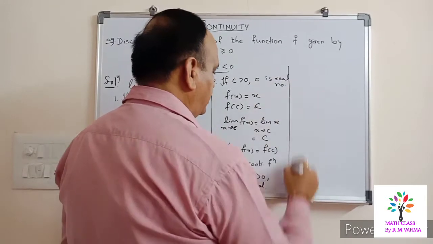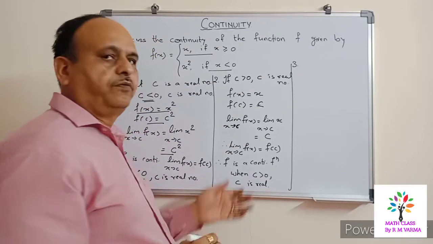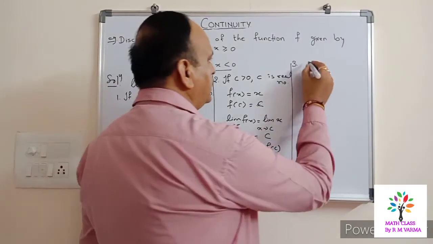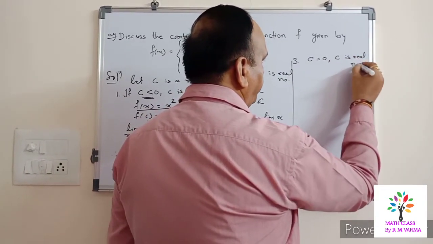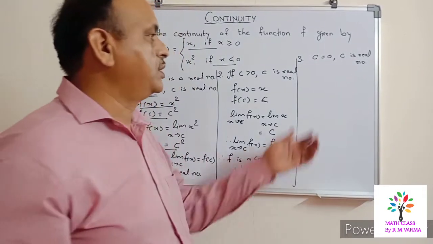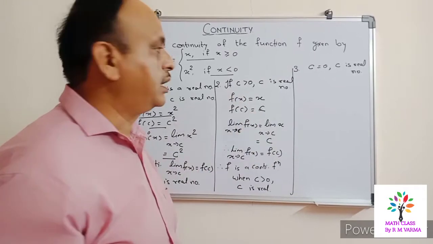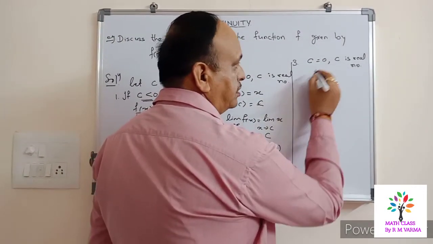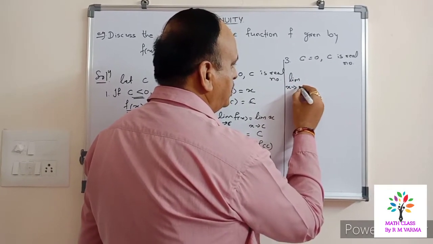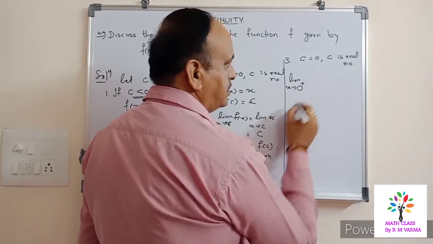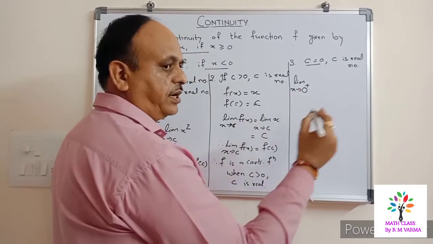Now in the third part, we have to check for c equal to 0. C equal to 0, c is real. Now when we take c equals 0, it can be 0 plus or 0 minus. So at that time, the functions are different. If it is 0 plus, limit x tends to 0 plus. 0 plus means it is greater than 0.